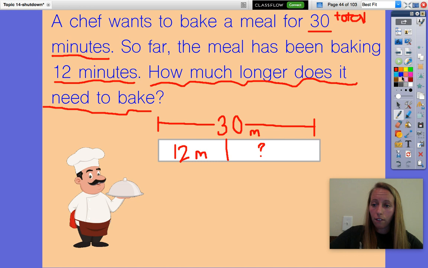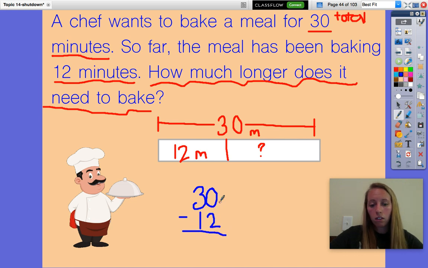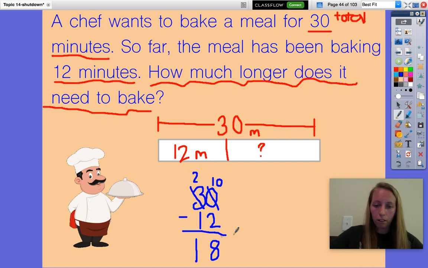So in order to solve this, I know the total is 30, and I'm going to subtract 12 minutes. I have to regroup, right? Hey, Mr. 3, can I borrow from you? That becomes a 2, and the 0 becomes a 10. 10 minus 2 is 8, and 2 minus 1, Miss Black almost made an easy mistake a lot of us can make, right? 2 minus 1 equals 1.